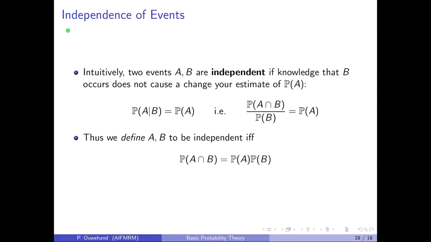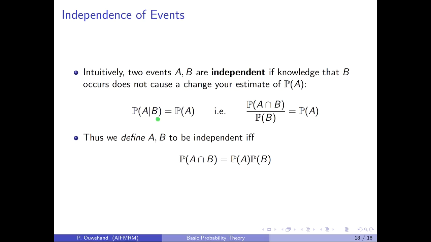Lastly, we consider what it means for two events to be independent. Intuitively, two events A and B are independent if the knowledge that B occurs does not change your estimate of the probability that A occurs. In other words, the conditional probability that A occurs given that B has occurred is equal to the probability that A occurs.